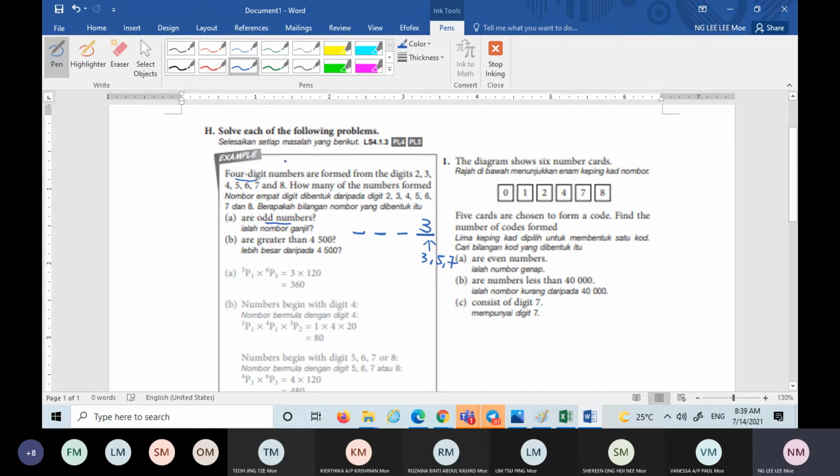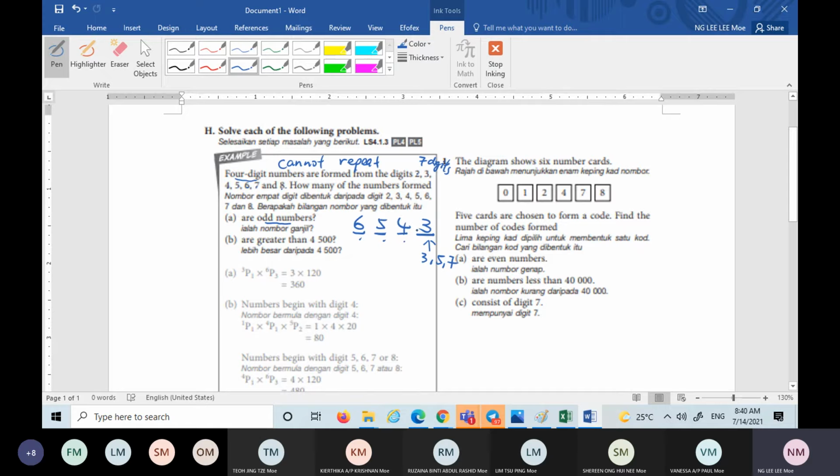Okay, so once you put in 1 digit already, altogether got how many? 1, 2, 3, 4, 5, 6, 7. So here is 7 digits. After you put in 1 already, you still got a balance of 6 digits to fill out this and this. So you will continue with the 6, 5, and the 4.